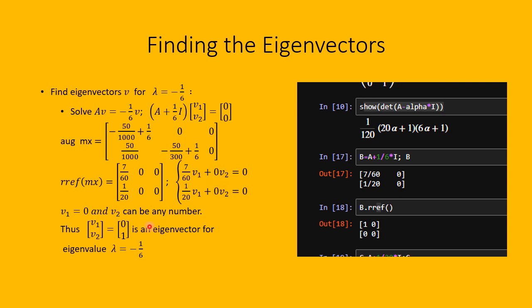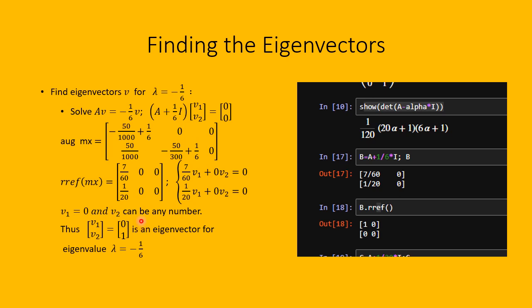How about 1? So V1, V2 equals 0, 1 is an eigenvector for eigenvalue lambda equals minus 1/6. We could have picked V2 to be 2, for instance, and we'd have 0, 2. But that's just a multiple of this eigenvector, and it doesn't really count as an entirely separate eigenvector. It's not linearly independent from this one. So now we have found one eigenvector corresponding to lambda equals minus 1/6.